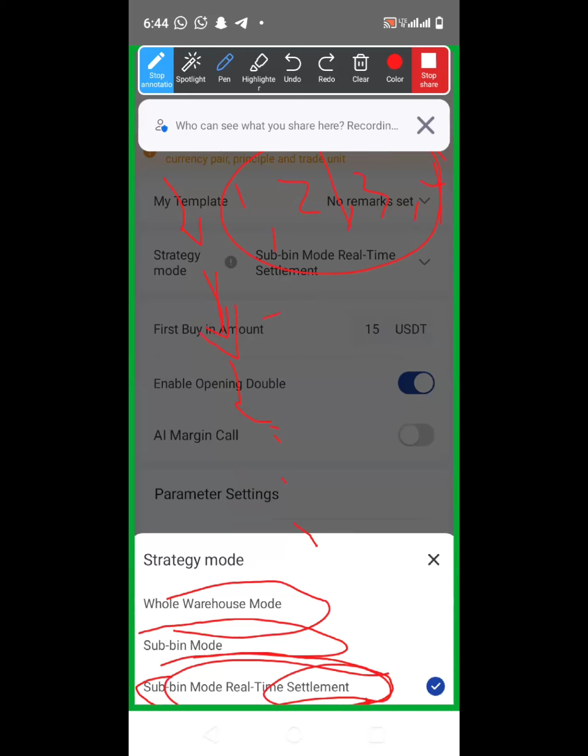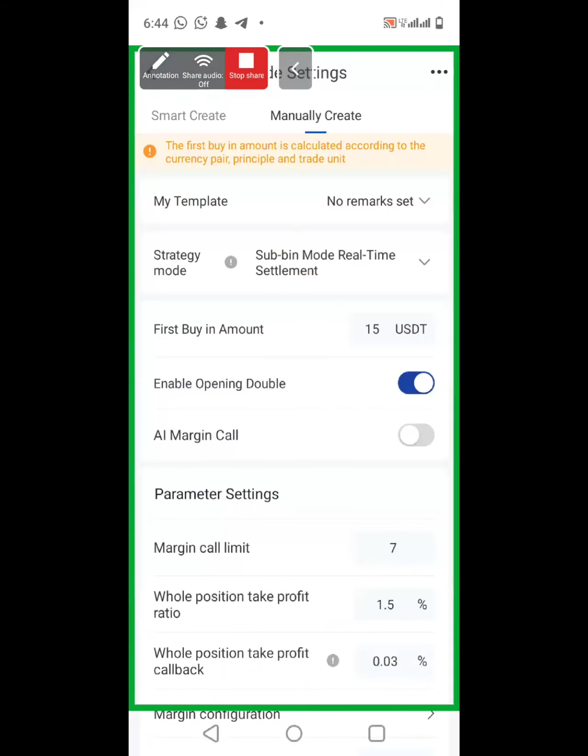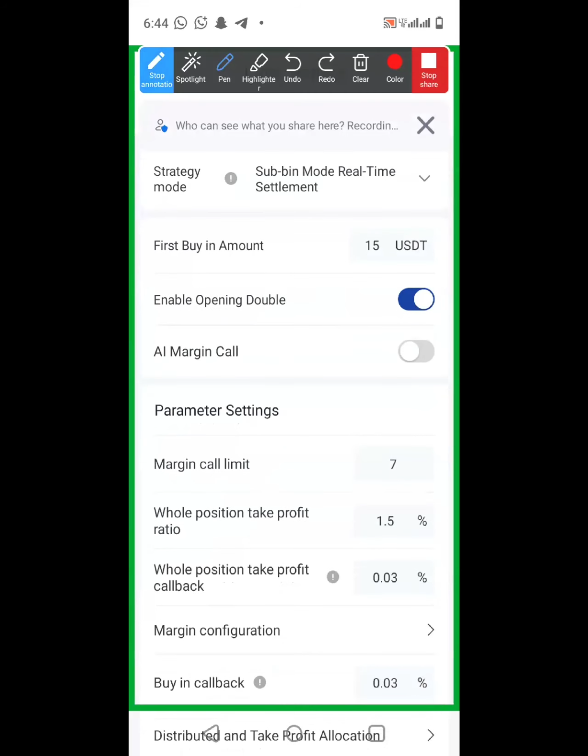Buy number 5, buy number 6, buy number 7, buy number 8, buy number 9, buy number 10, and many more. Because you put it on sub-in real-time settlement, once the market starts bouncing back, let me use an example here. Now, we have magical 7.